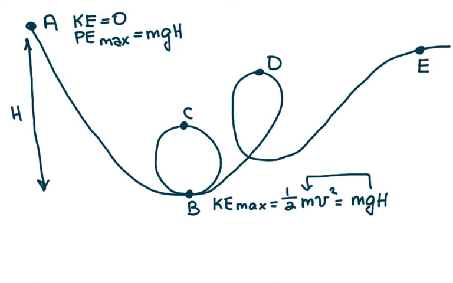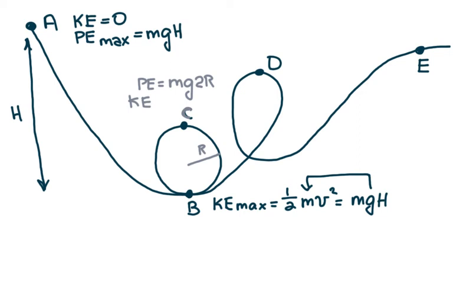And at C, you will have some potential energy, so I'm going to use a different color. At C, you have potential energy equal to mg times twice the radius of this circular path. And then the kinetic energy is going to be the rest of it.